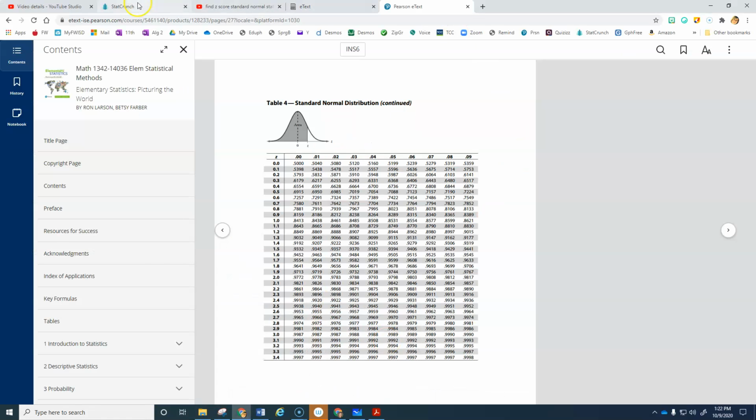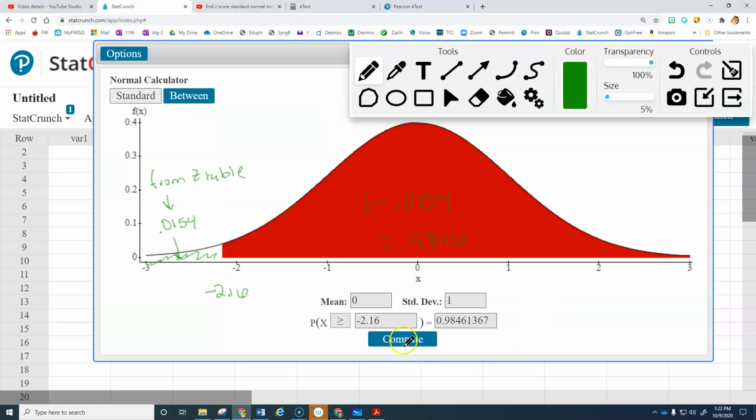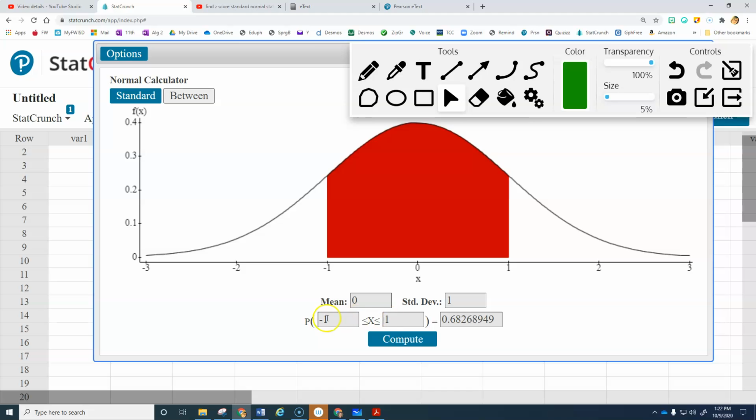So we go to StatCrunch. The first thing that I have to do is change this. See, it's on standard, change it to between. And now I have a place to put the two values that I'm using.